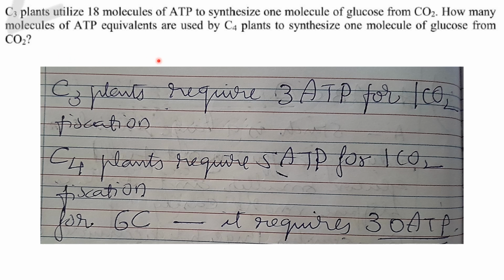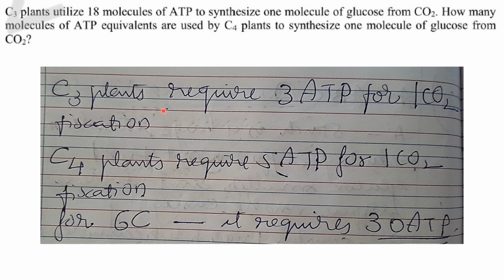So glucose is a 6-carbon compound. In the question they have given that C3 plants utilize 18 molecules of ATP to synthesize 1 molecule of glucose from carbon dioxide. Now, it is a 6-carbon compound, so carbon dioxide also will be more in number.